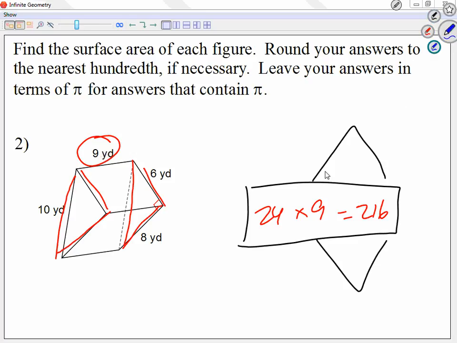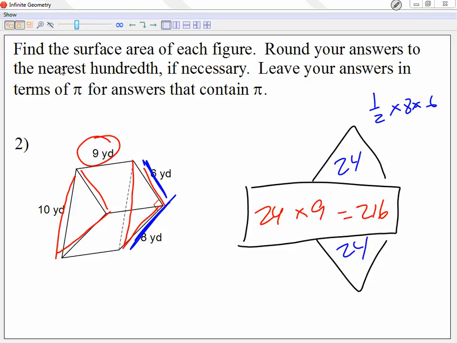For the triangles, I'm going to go 1/2 times 8 times 6. Remember, I look for my 90-degree angle. It's made by 8 and 6. So 1/2 times those two numbers, 1/2 times 8 times 6, so I get 24 for that one. 24 for each triangle.